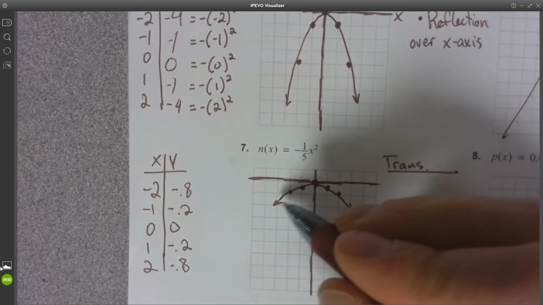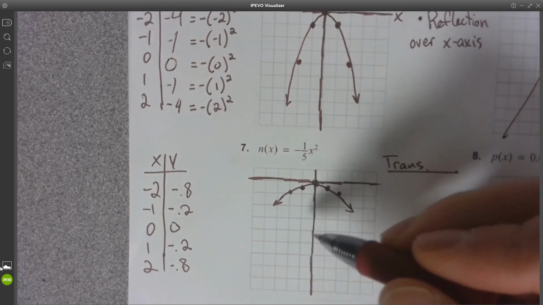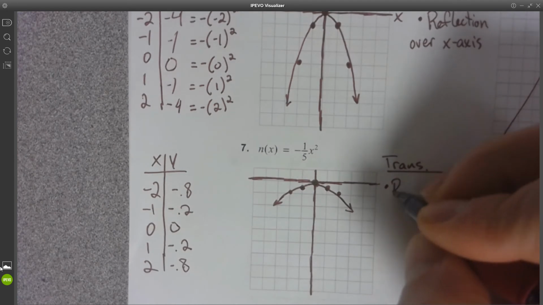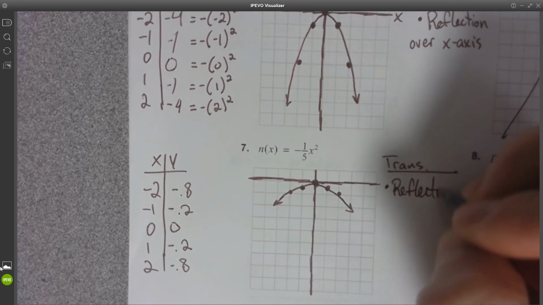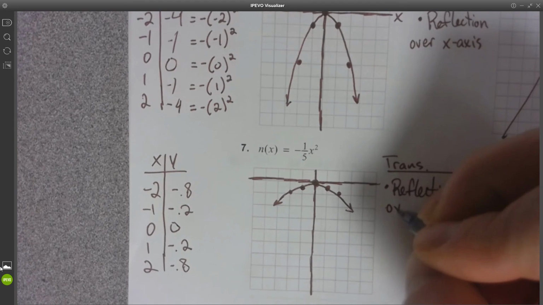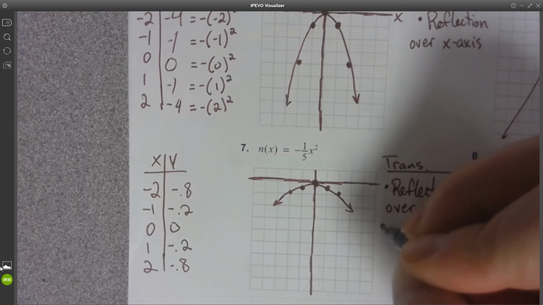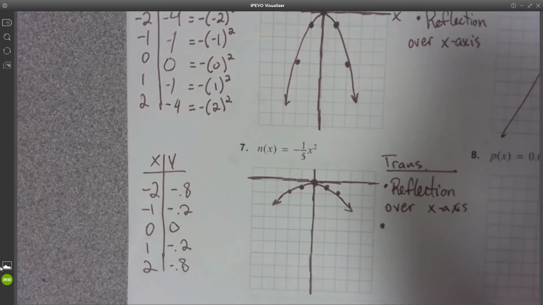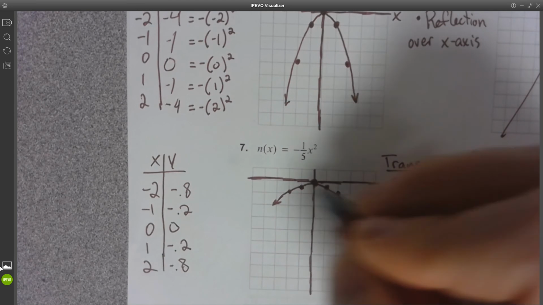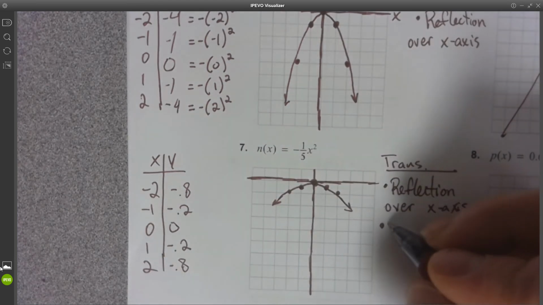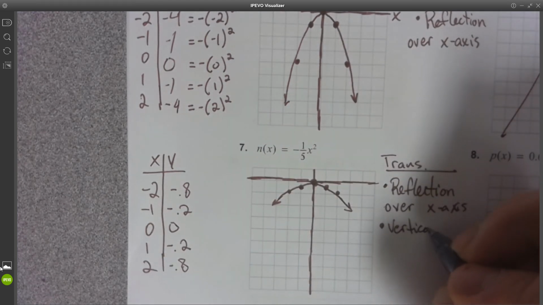The first transformation I see is that this is flipped upside down, so reflection over the x-axis. Also, we have a number less than 1 for A, and we can see this is extra wide. So this is a vertical shrink.